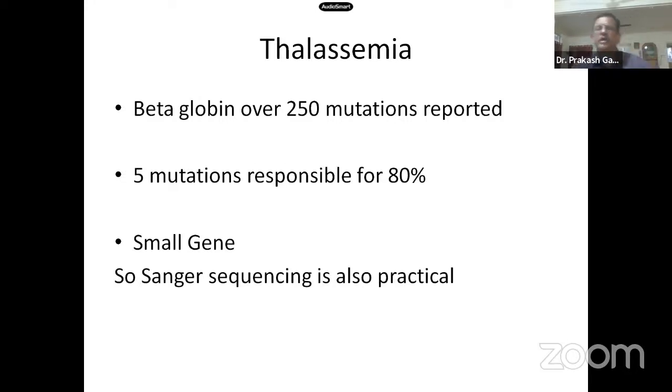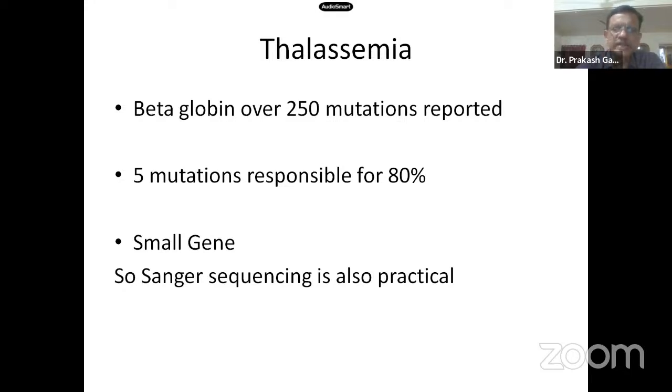So wherever we have a condition which is very common, like thalassemia, where multiple variants can be there, we can just look at which variants are very common. So for our state of Maharashtra, maybe 80-85% of the thalassemias belong to only 5 mutations. So there we can study these 5 mutations, then these reactions can be cheap also, and then use only PCR. But it's a small gene, just around a few nucleotides are there.